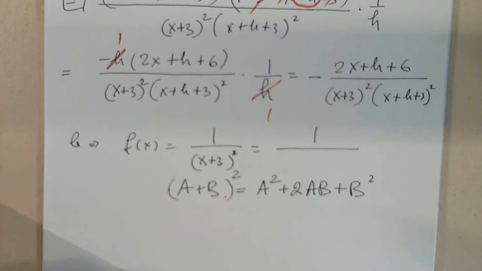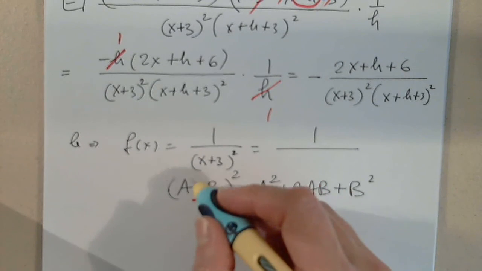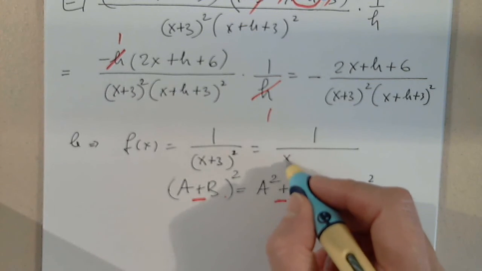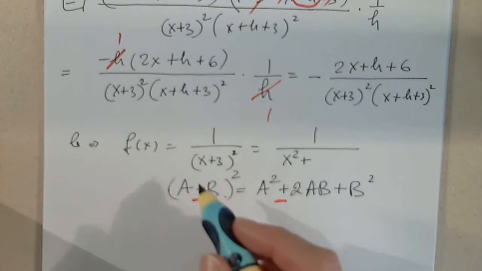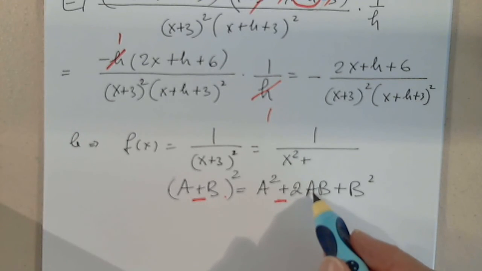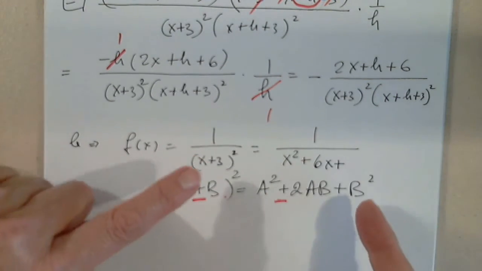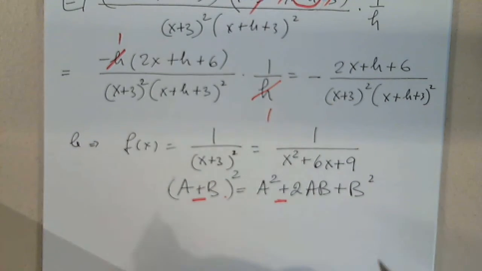Obviously, if the binomial has a difference, then the trinomial will have a minus on the second term. Therefore, x is a, b is 3. Then we have x squared plus 2 times x times 3, which is 6x, plus 3 squared, which is 9.